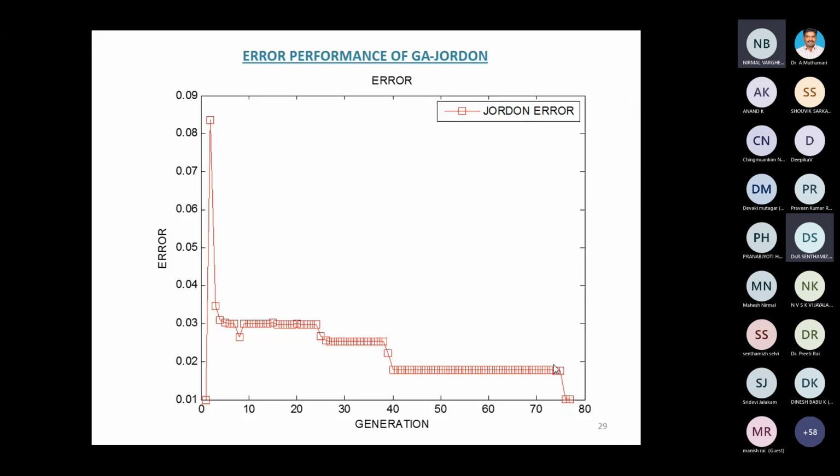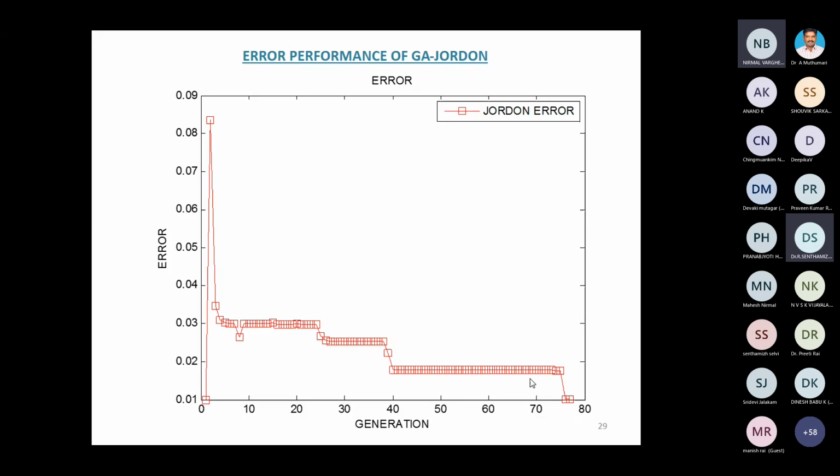Within 1 second, you have to check whether you implemented it properly or not. Otherwise, you won't get an error output like this. This kind of error output shows that your genetic algorithm based RNN is tuning properly. Otherwise, it will not be a properly tuned network. It is a very, very important graph. Understand?